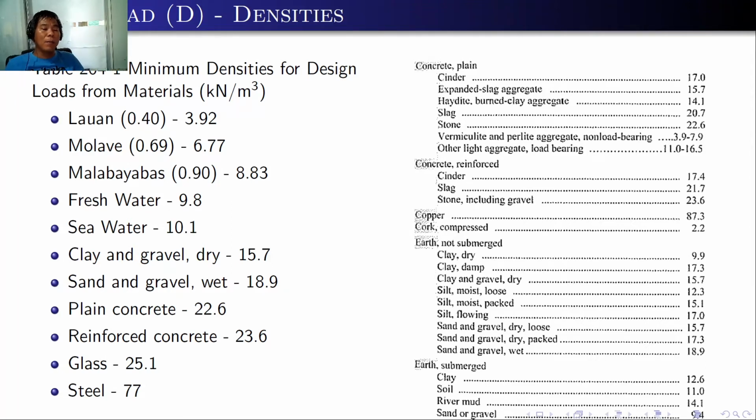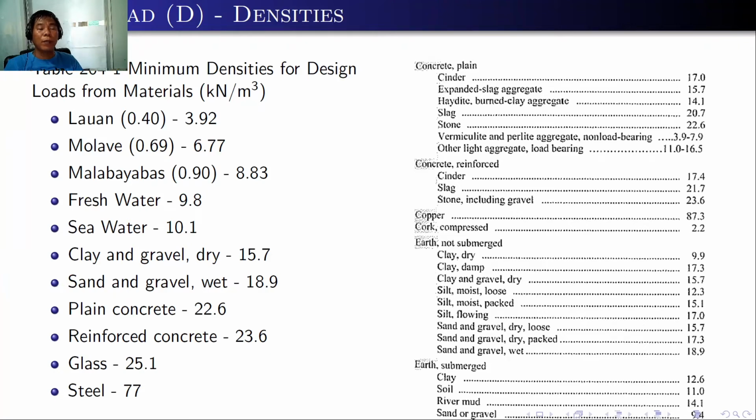For the Malabayabas, it's a heavy wood, so 0.9 is the specific gravity. So the density is 8.83. So as you can see, I just give you the idea how are the densities of different woods from 3.92 to 8.83 kilonewton per meter cube, which is lighter than water.